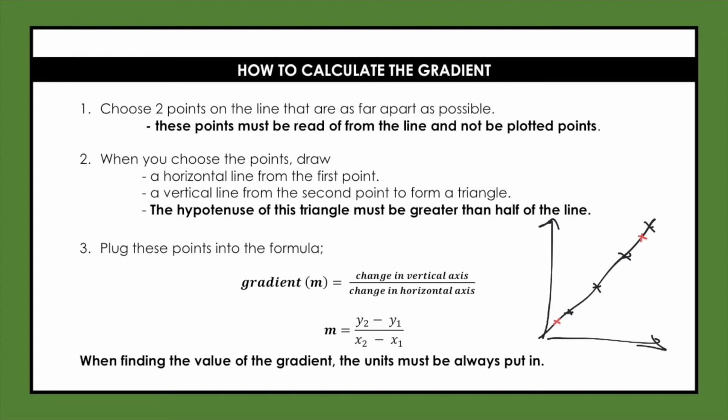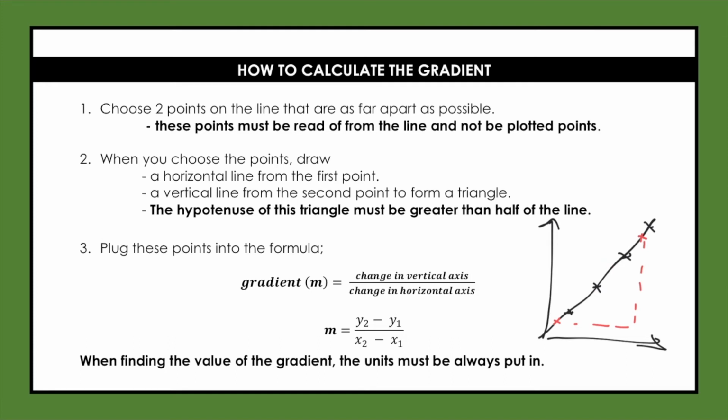Now when you choose these 2 points, you draw a horizontal line from the first point and a vertical line from the second point. So it's essentially your rise over run type triangle. And it says that the hypotenuse of this, and you know that on a triangle the hypotenuse is the longest side that's right opposite the right angle, must be greater than half of your plotted line.